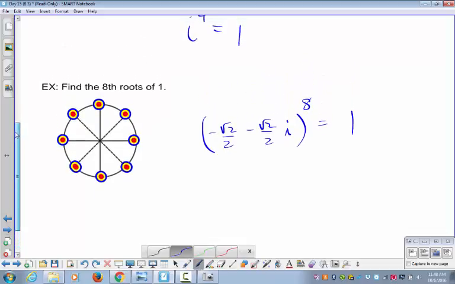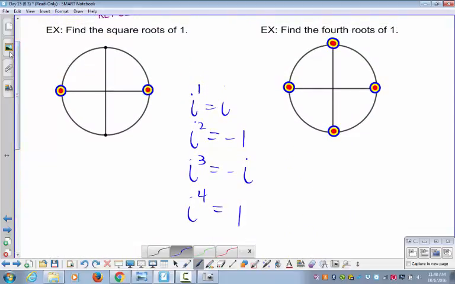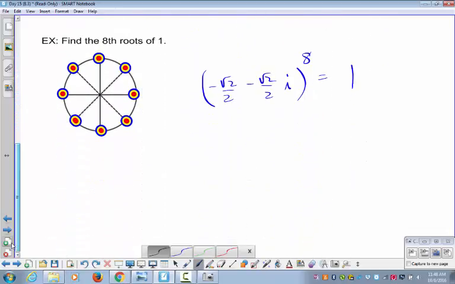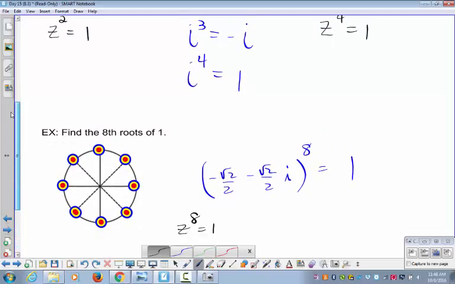So let's convert all 3 of these to equations. If we want the square roots of 1, we are trying to solve this equation, z squared equals 1. If we're trying to find the 4th roots of 1, we're going to solve this equation, z to the 4th equals 1. And this one is z to the 8th equals 1. So we have to just be able to move from the words to the equation.